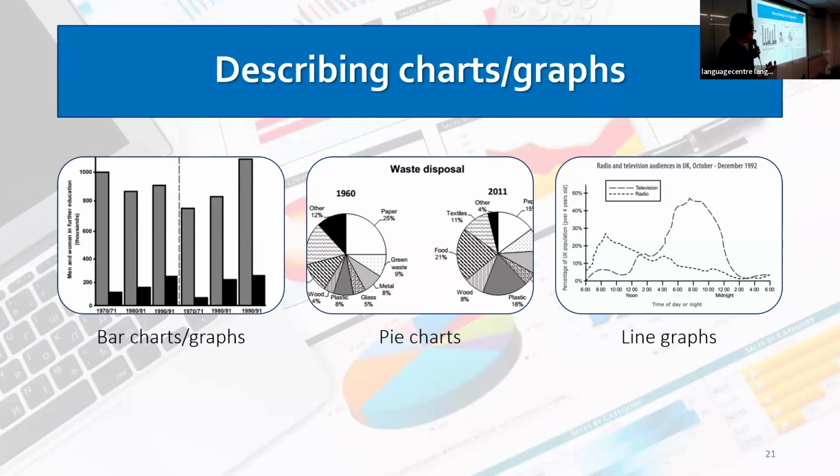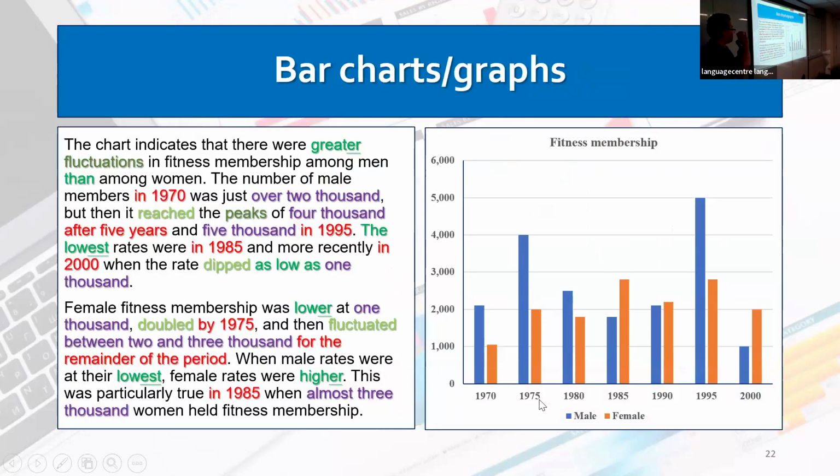So make sure you include numbers in your information report, because for pie charts, as you can see, there are numbers. But what language can we use to talk about numbers? That's the thing that I'm going to show you now.